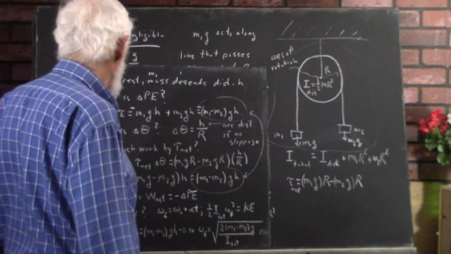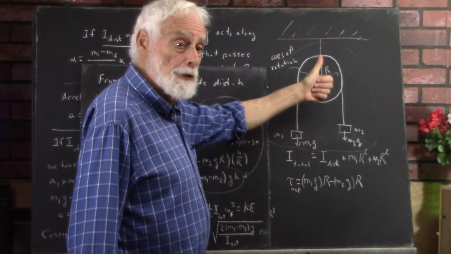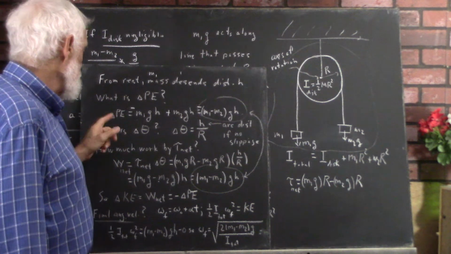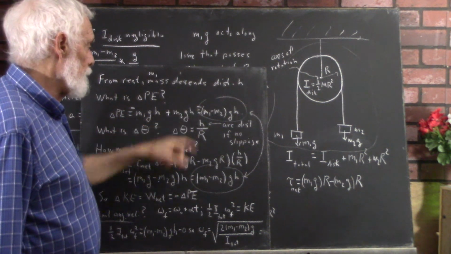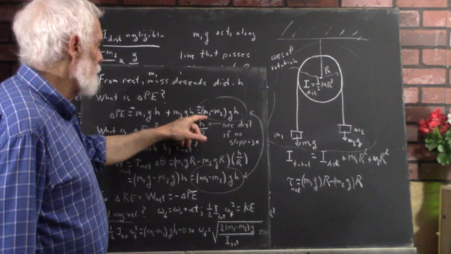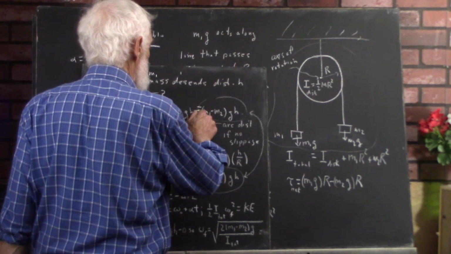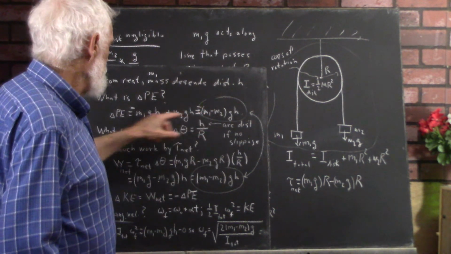The potential energy of this mass will increase by m2gh. So that the change in potential energy is the negative m1gh plus m2gh, which is just negative quantity m1 minus m2 times gh. So that's our change in potential energy.